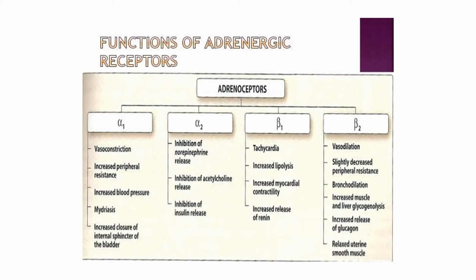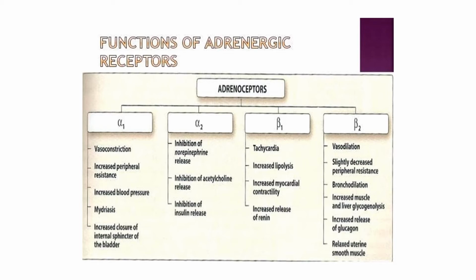So when the kidney is stimulated by the sympathetic system, it releases renin into the bloodstream. And there's increased lipolysis. So there's increased fat breakdown. So there's beta-1 receptors on the fat cells and in the liver to stimulate fat breakdown.